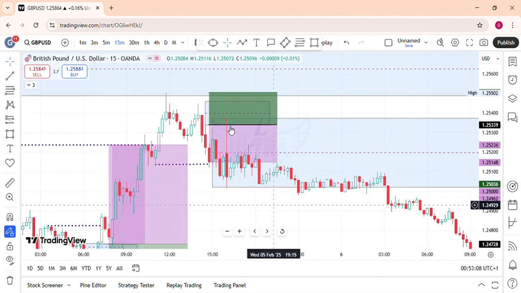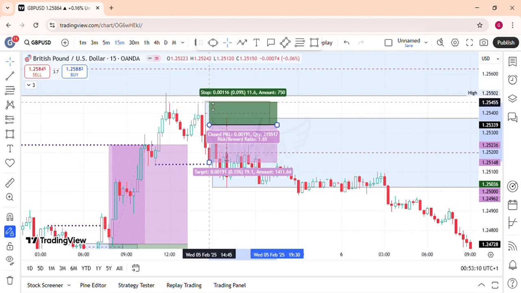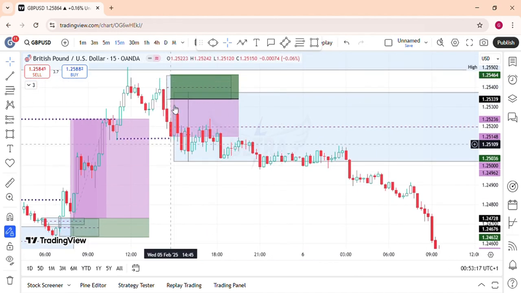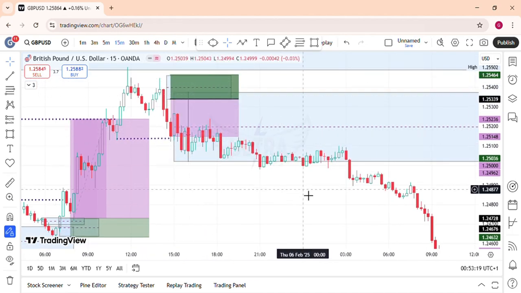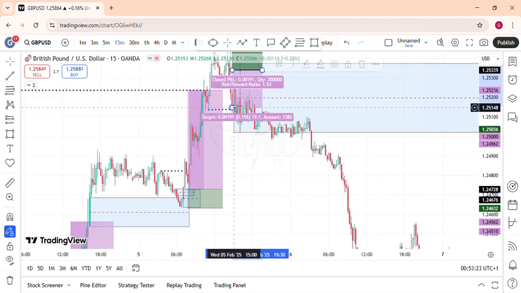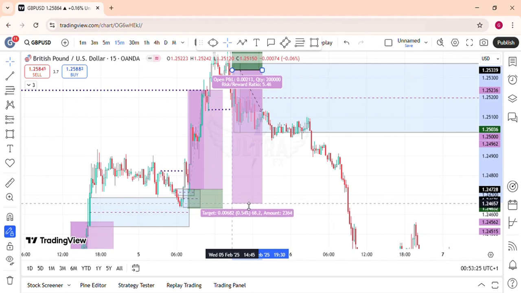So let's just use this, give it a little room, and you see market tapped into it and reacted. Market is going low to this spot here.